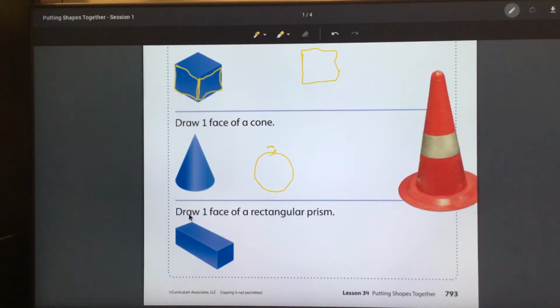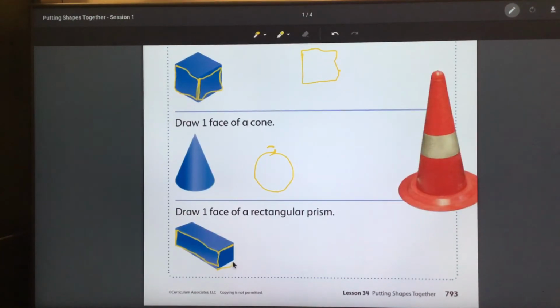Okay, now it says to draw one face of a rectangular prism. So that would be any flat side. So right here you can see this is a flat side of the rectangular prism, and what shape would that be? I hope you said a rectangle. Now a rectangular prism also has this flat side right here, and what shape would that be if you traced it?